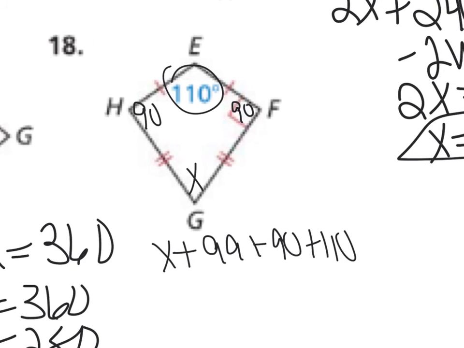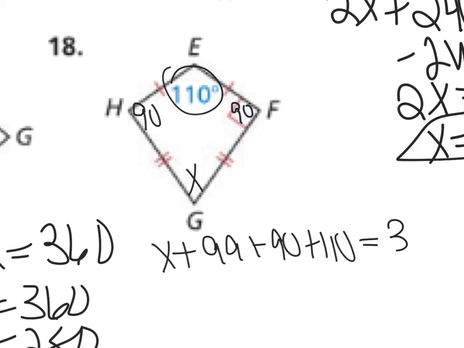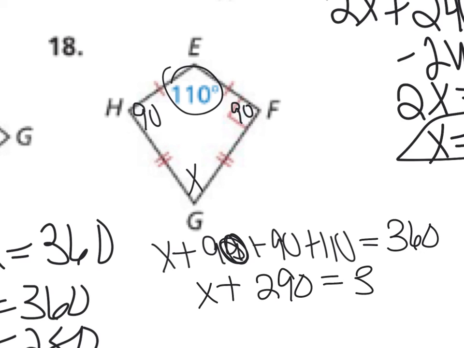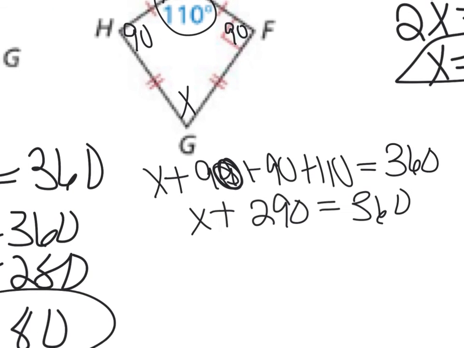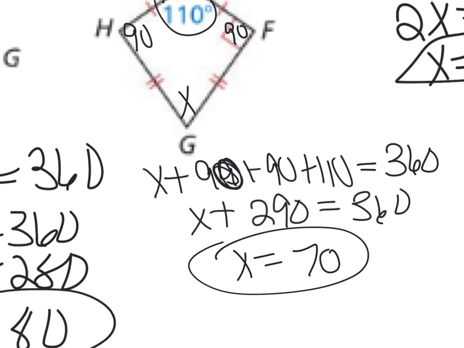It's a quadrilateral, so it's going to equal 360. Oops, that should be a 90 right there. X plus 290 equals 360. If I subtract 290 from both sides, I get that x equals 70.